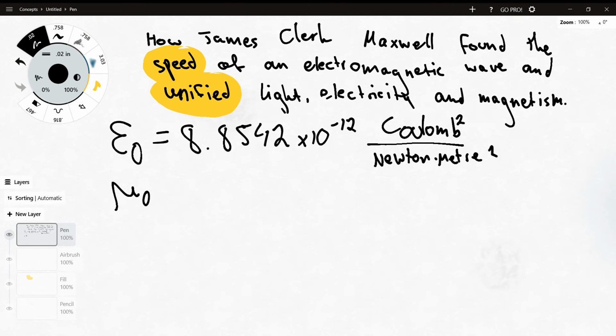And then mu is 4 pi times 10 to the negative 7. The units for this are Weber per amp meters.